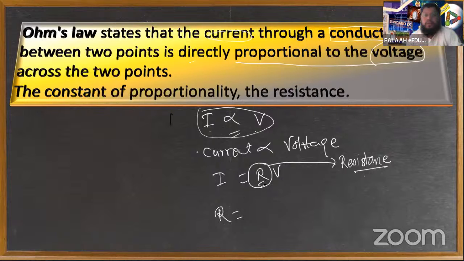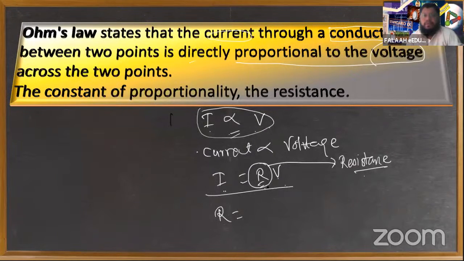Voltage upon current. I is equal to R into V. R I am keeping at one side, V I am taking at this side. A student asks: how is it V upon I?